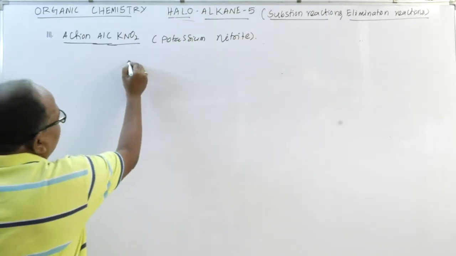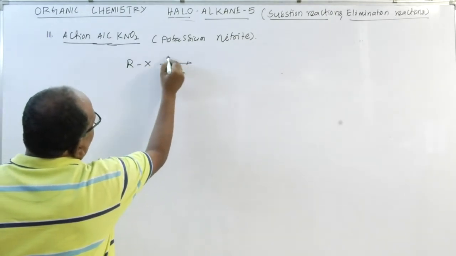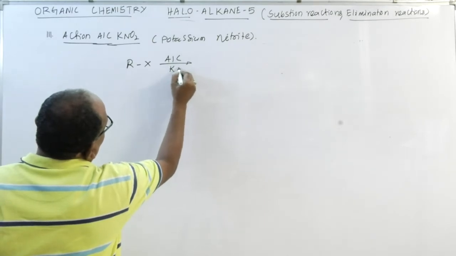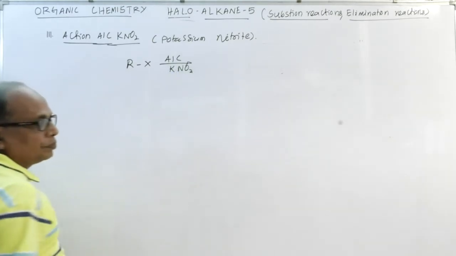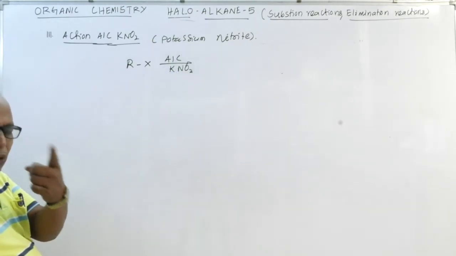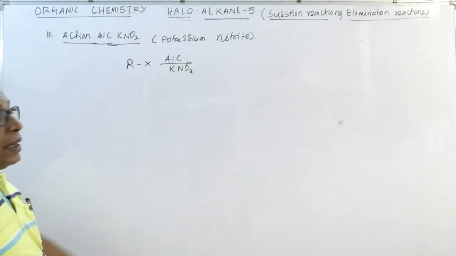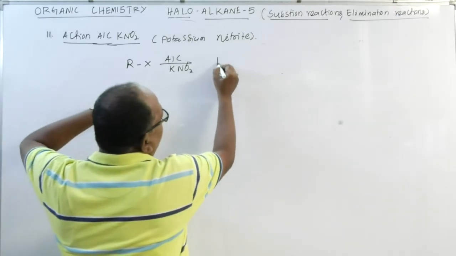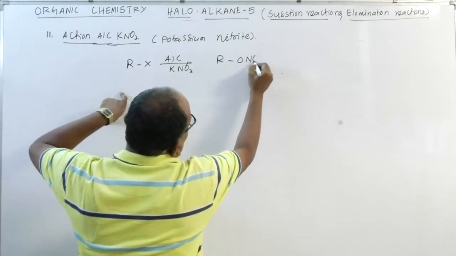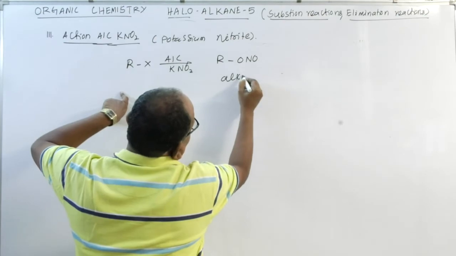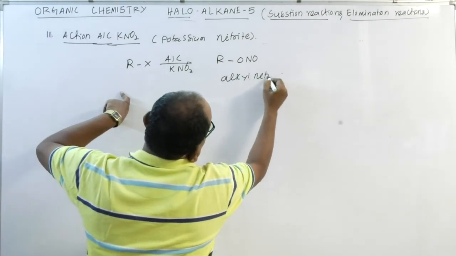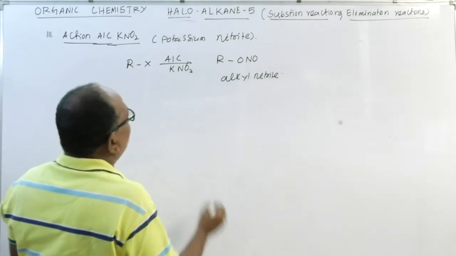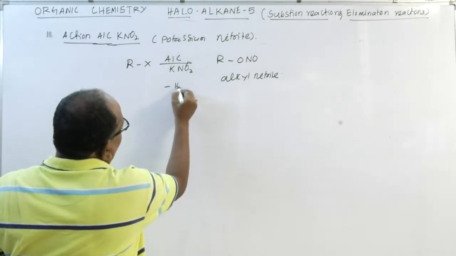When alkyl halide reacts with an alcoholic solution of KNO2, KNO2 is ionic in nature, and the oxygen atom carries the negative charge. It forms RONO. This is called alkyl nitrite, by loss of a molecule of KX.